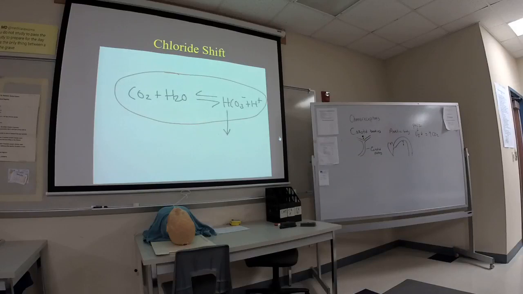Bicarb is going to leave the cell. Ion leaving, we need to have a negative ion entering the cell in order to keep the net electrical charge of that cell the same. We didn't talk about this in class, but somebody asked at the review session yesterday, what would happen if the chloride shift didn't happen? So here is why.